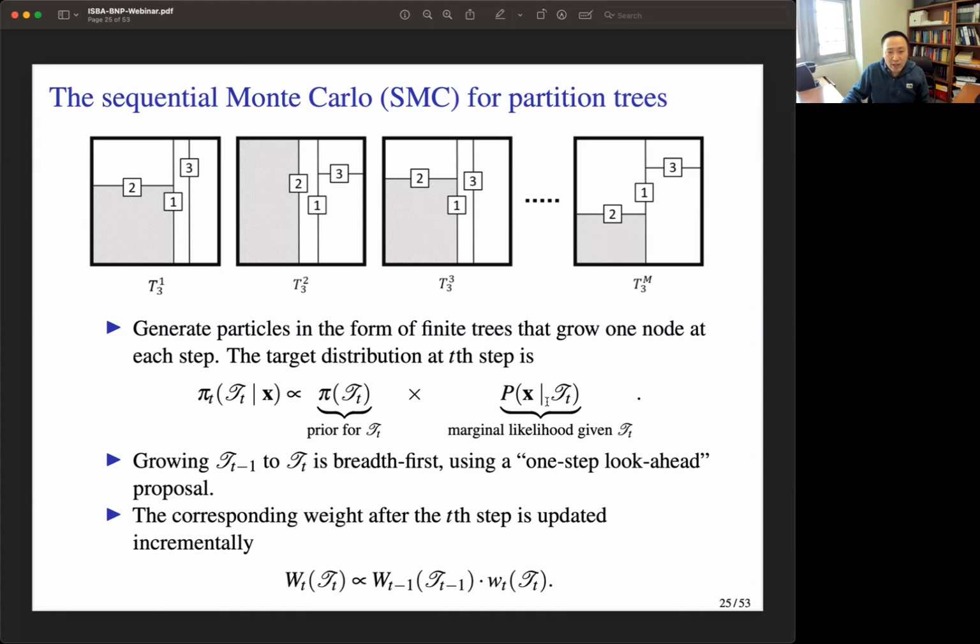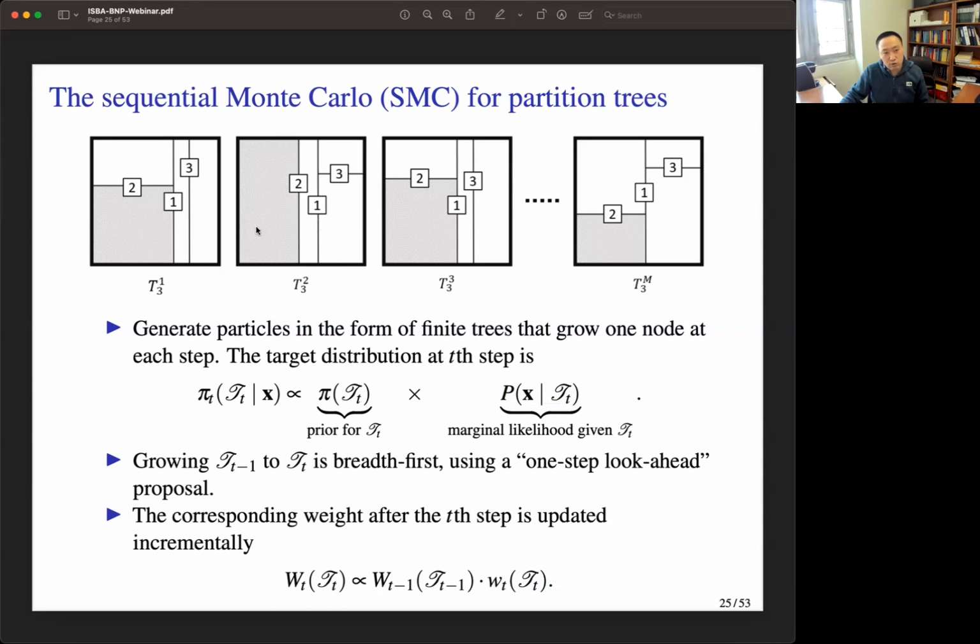I just want to point out that once you are given a finite dyadic splitting tree with T different nodes, the marginal likelihood is a standard marginal likelihood for, let's say, a Polya tree on the given finite tree. So we know how to do that analytically. This is what people have been using for hypothesis testing for a fixed tree, but now we can use it to compute this marginal likelihood, and based on that update the weights in the sequential Monte Carlo.